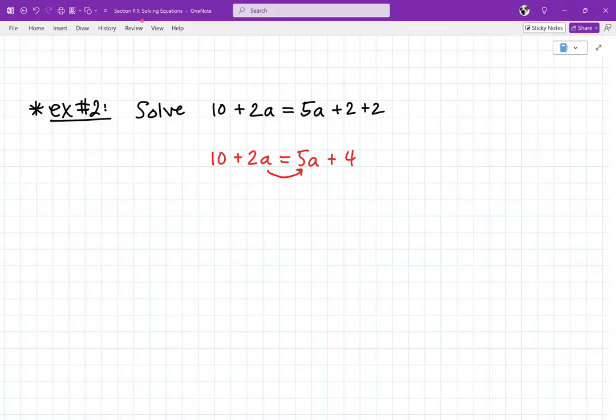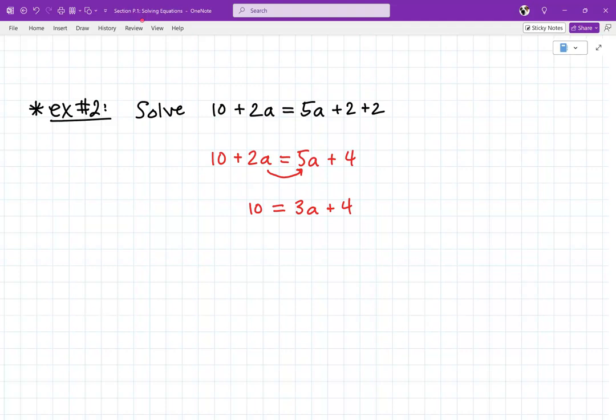I try to avoid fractions, decimals if I can, to keep things easier, okay? Now, I'm going to switch the positive 2a to the right side. When I switch it, it switches signs, right? So instead of a positive 2a, it becomes a negative 2a. So 5a minus 2a is 3a plus 4.